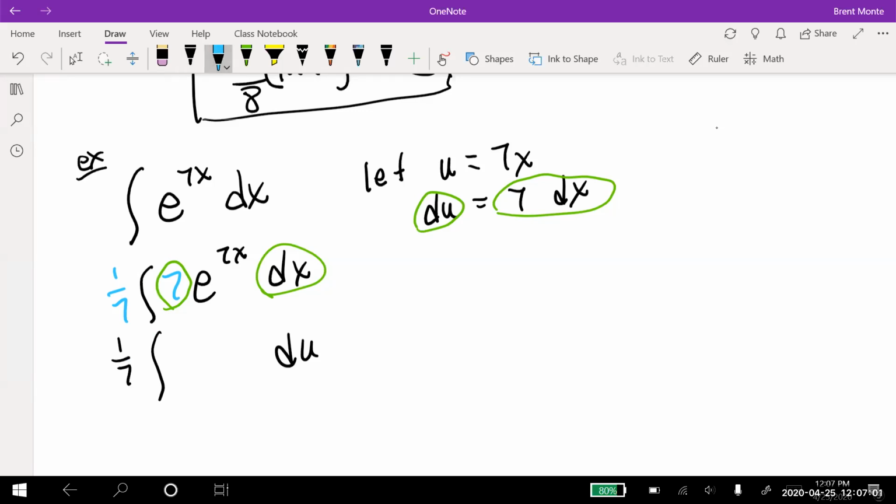Well, 7x is just u, so I'm going to replace that with a u. And so now that 7's gone, it left with the dx. I have e to the u du. And that u was 7x.